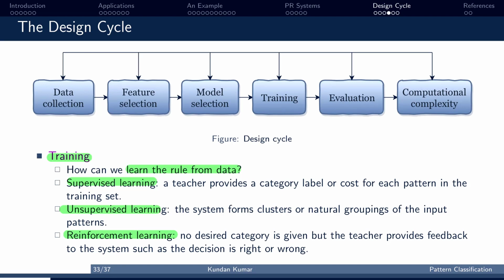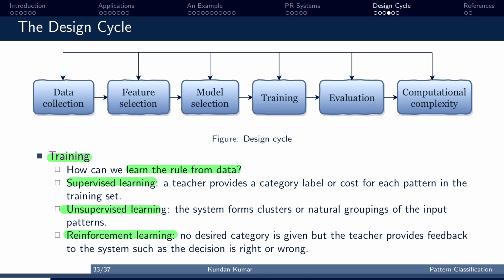Using that information, when the model learns, it is learned through supervised learning. On the other hand, if we don't have the labels, that means we have the training data without any labeled data, then that learning process is called unsupervised learning.